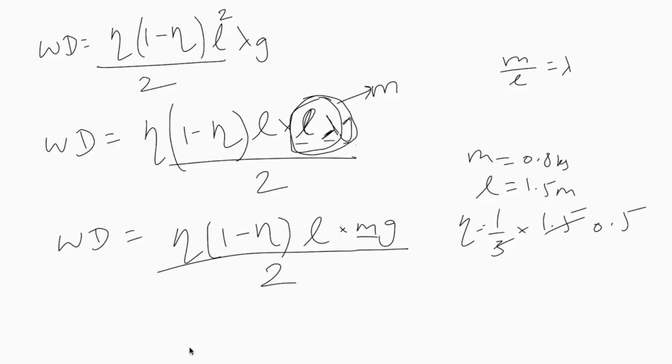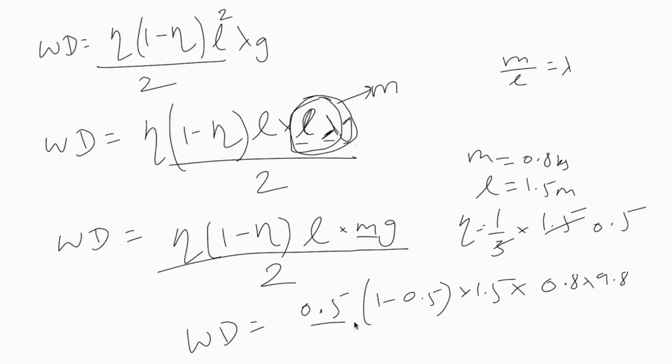So when you substitute it, you get this: 0.5 into (1 minus 0.5) into 1.5 into 0.8 into 9.8 divided by 2, and it is a mere substitution. And further, let me compute it using a calculator.